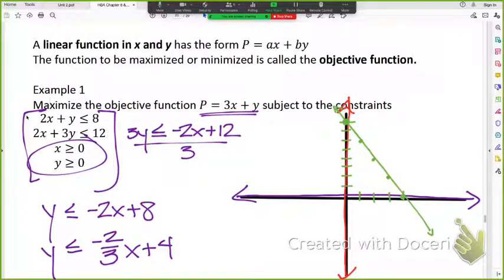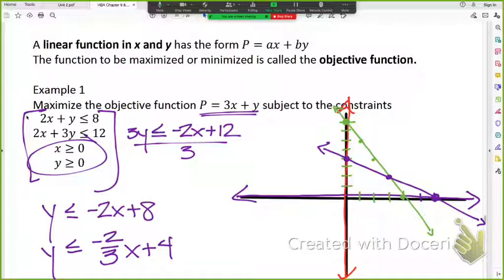You kind of want to know the x and the y points on those. And then the last equation to graph is negative 2/3 x plus 4. So I start at 4, down 2 over 3, lands right there, down 2 over 3 lands right there.